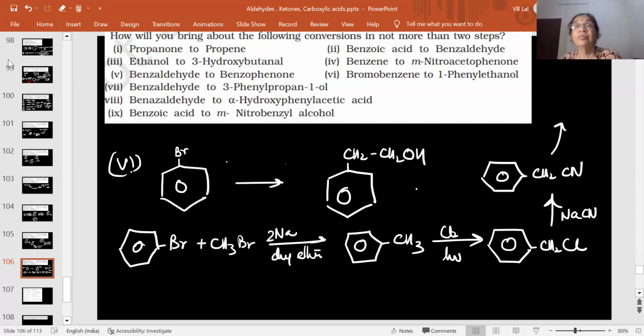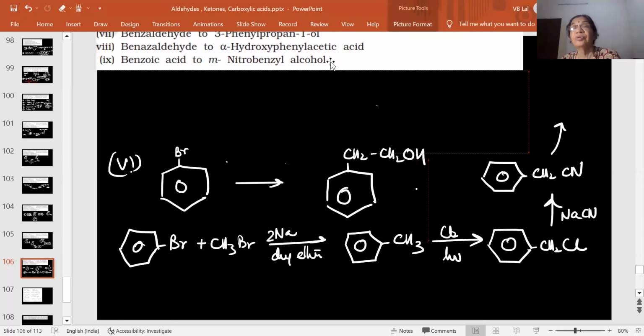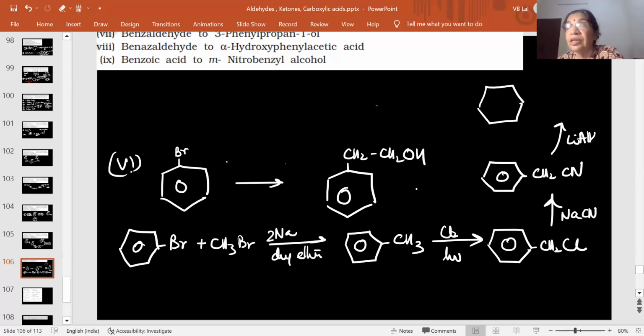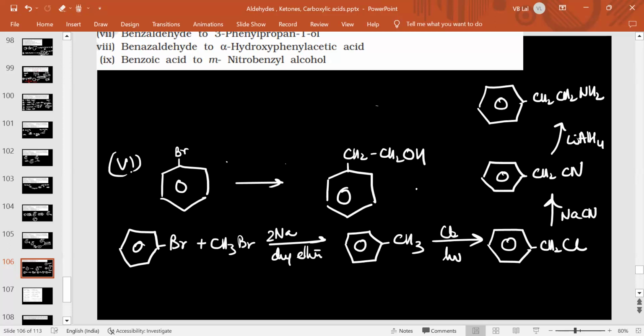From cyanide you can make alcohol. This one you will get by reduction with lithium aluminum hydride. You will get C6H5CH2CH2NH2.